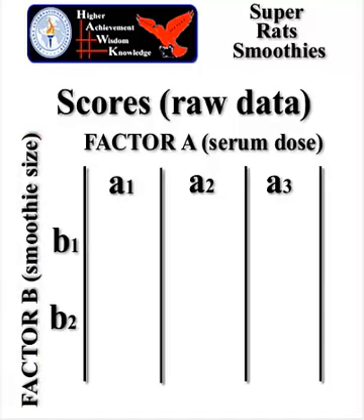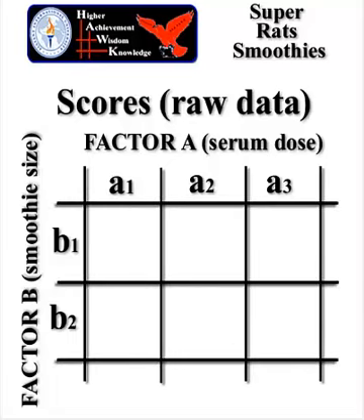So now we go ahead and make this into a table. And then we're going to fill in the scores from each of the 6 rats. So there's going to be 6 rats at A1B1, which translates into they had no serum and a small smoothie. And that's how you read these across. We could have put these in a different order. It doesn't matter, right? We could have put the B's on top and the A's on the side. It doesn't matter.